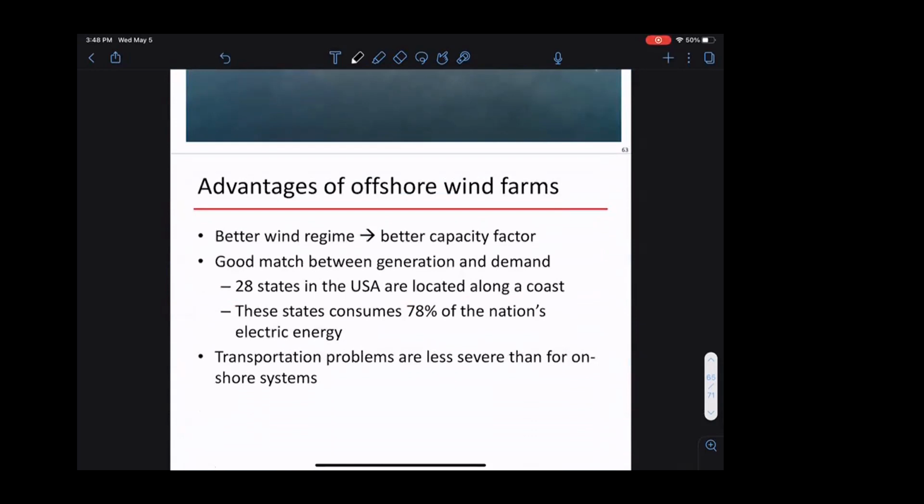So most places offshore have high wind. You have a good match between demand and generation. You're fairly close to demand, very close to demand. And transportation is easier. It's easier to get large blades to an offshore location than to an onshore location.